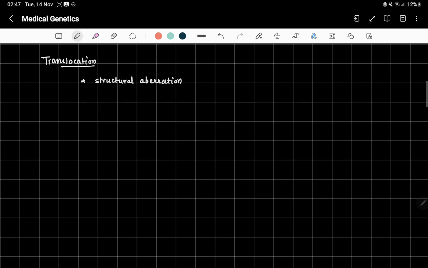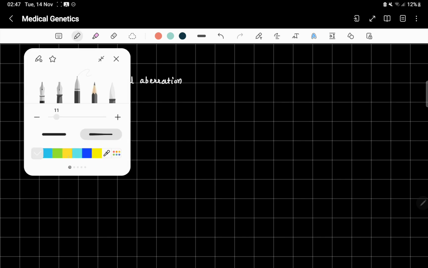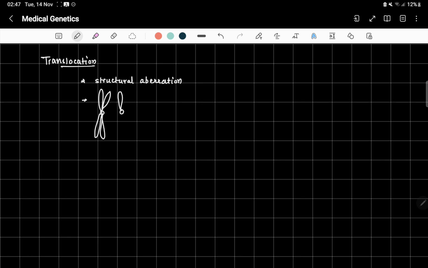Like if here is a chromosome and here is another chromosome, if there is breakage of one part of this chromosome, it gets stuck to the other chromosome. So it is getting translocated.